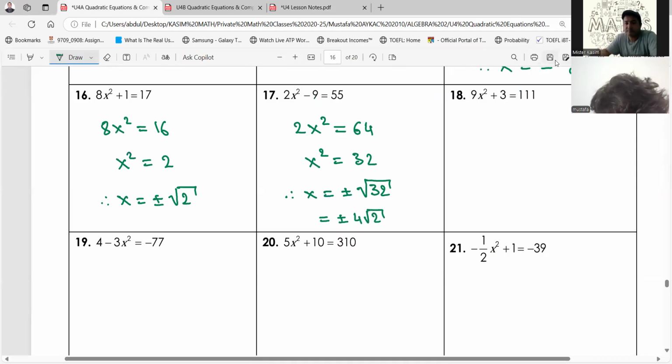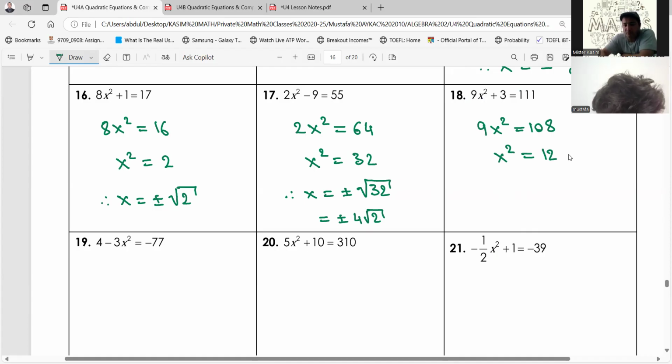18. Minus 3 from both sides. So 9x squared equals 108. And then divide both sides by 9, which gives you 12. Okay. Now what is x?